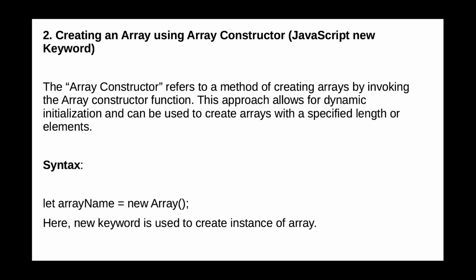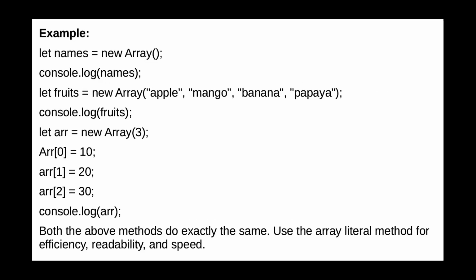Syntax is, first we use the let keyword, then the array name and equal, then use the new keyword. The new keyword is used to create an instance of the array, then the array constructor. So this is the example of both cases, array literal and array constructor.